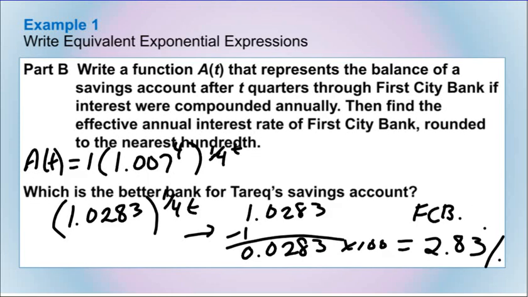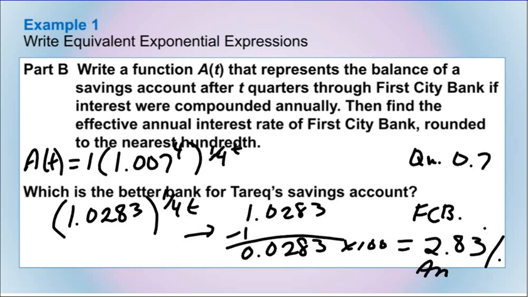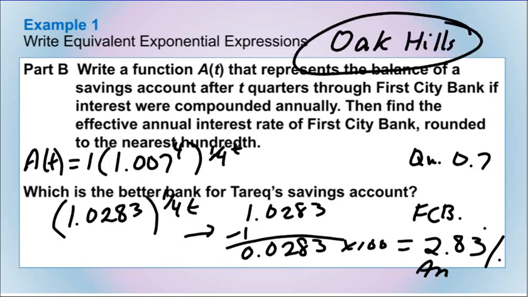And for First City Bank, this was the annual, and the quarterly was 0.7%. So which one had a better savings account? The better one would have been Oak Hill. So that is our lesson on transforming exponential expressions.